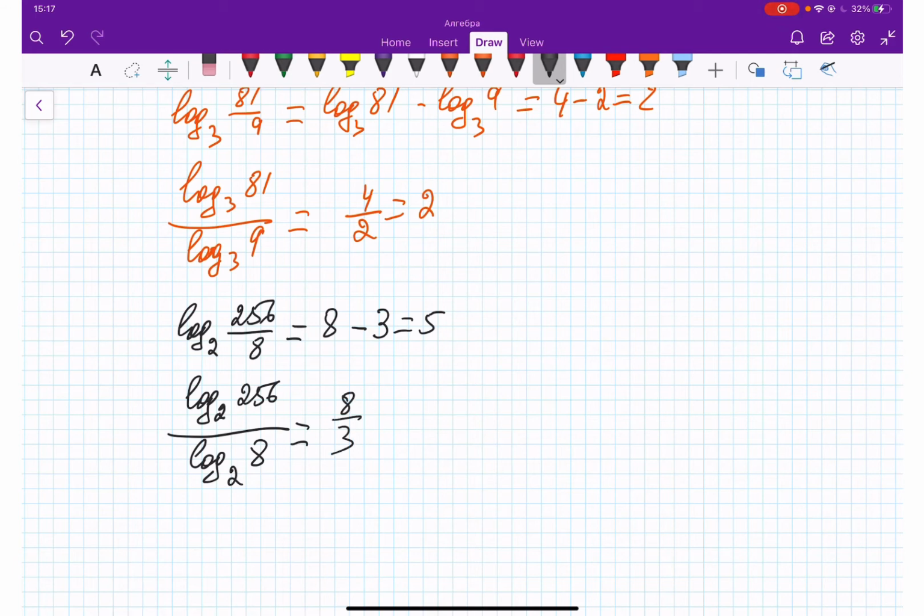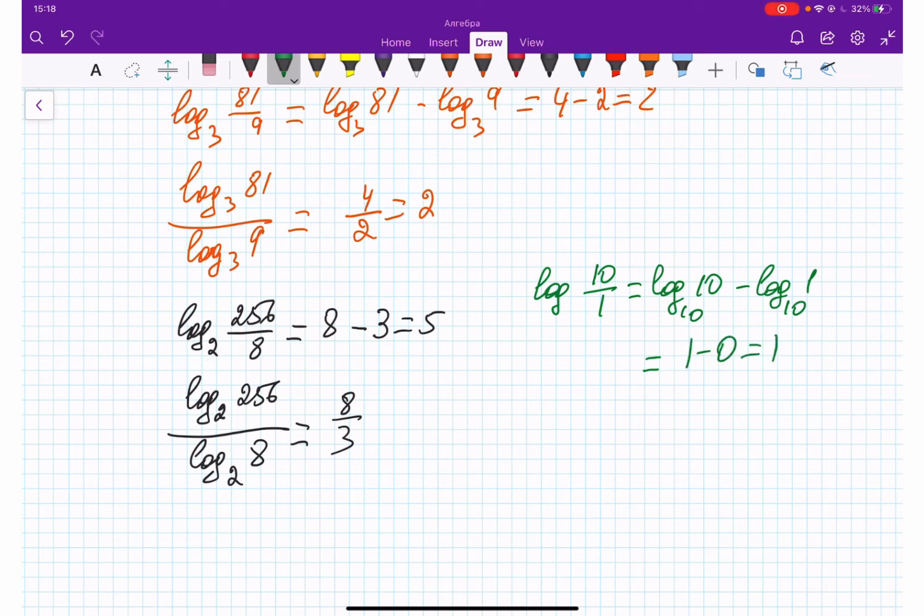And another interesting case I would like to look at. Let's take log 10 over 1 by base 10. This is going to be equal to log 10 by base 10 minus log 1 by base 10, and this is equal to 1 minus 0, right?